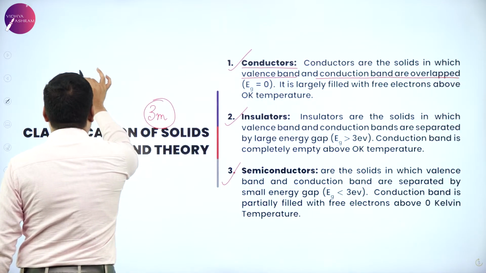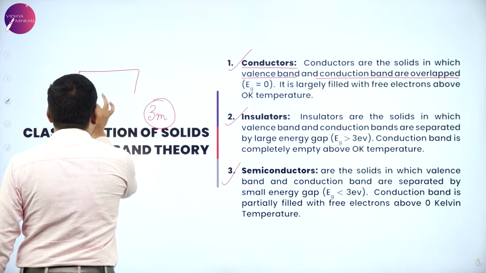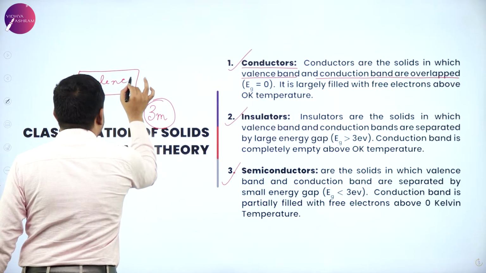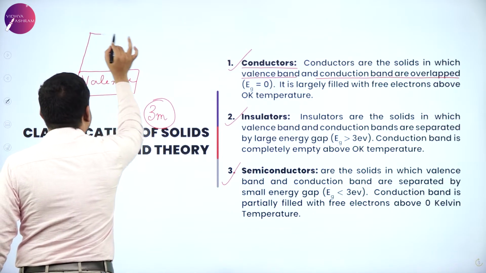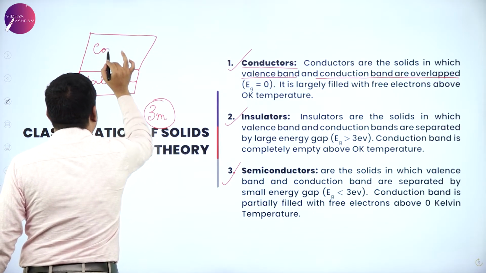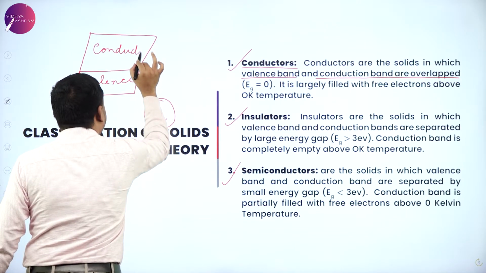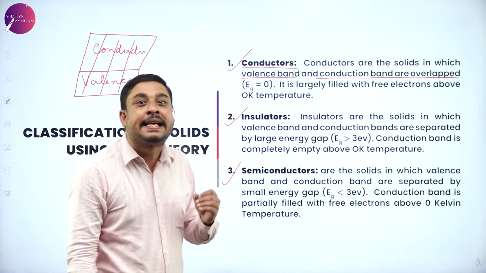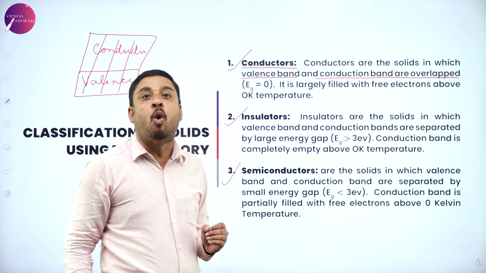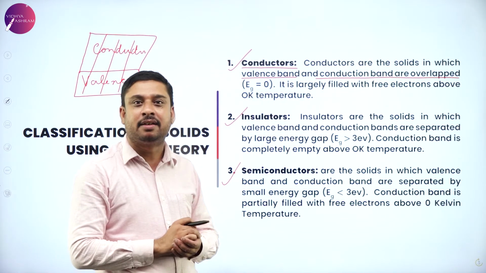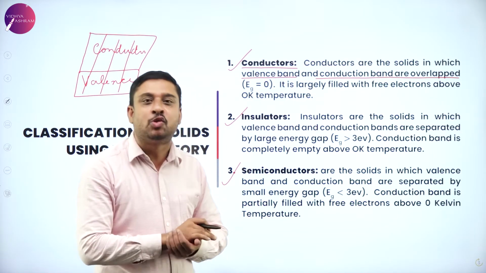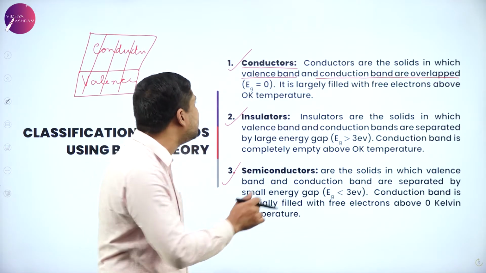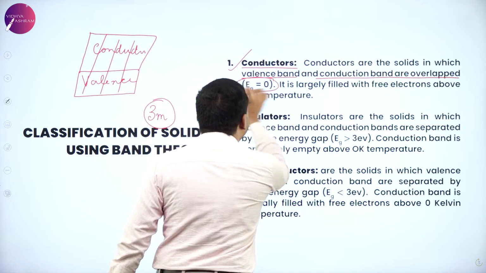If you try to understand a conductor, this is the valence band, this is the conduction band. So very clearly here, the valence band and the conduction band overlap each other. Meaning to say, here there is no existence of energy gap.